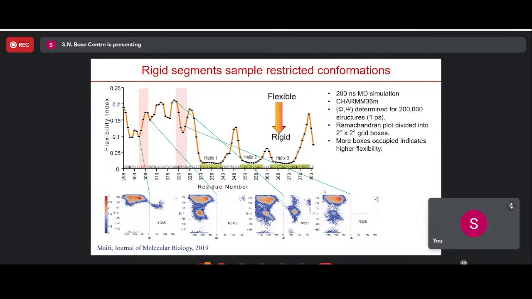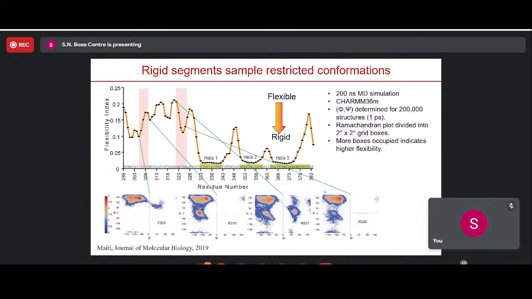You have multiple rotamers, let's say, and if you know the population of different rotamers, it is the sum of Pi ln Pi, where Pi is the probability of the ith rotamer. But that is a more rigorous expression. This also gives a similar trend.